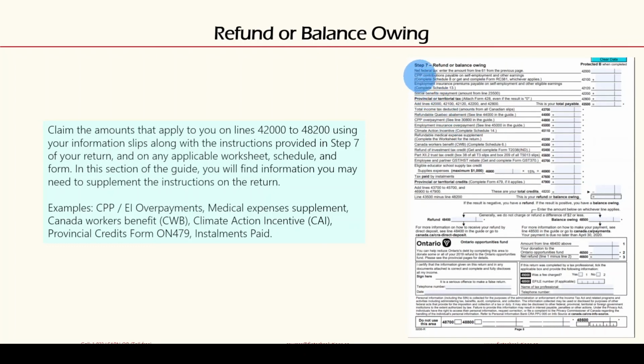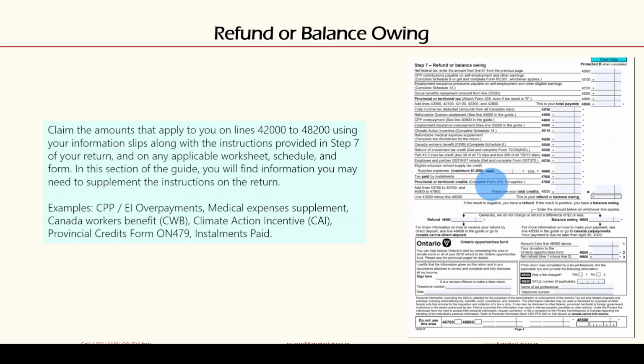If you see right at the top, that's where the net federal tax comes in. There is also the provincial or territorial tax, Form 428, and there are also the provincial or territorial credits, which is another form, ON479 if you're in Ontario.